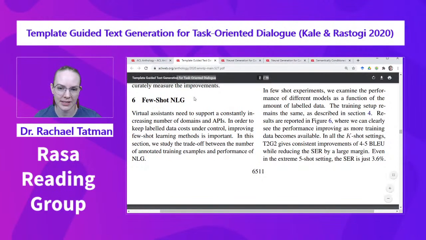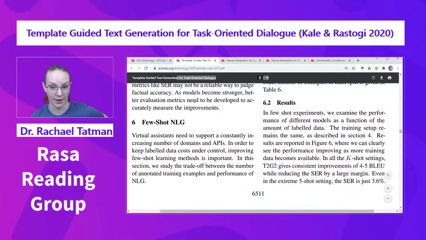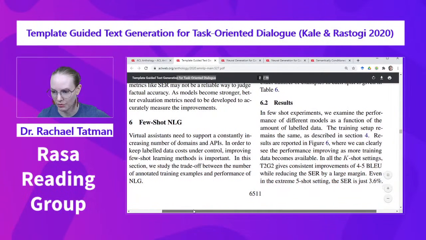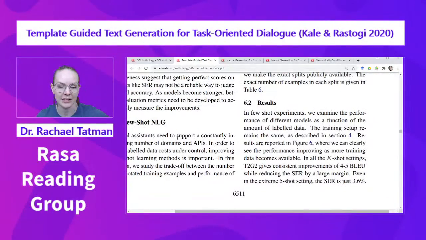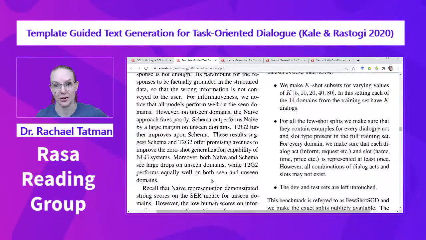Anyway, few-shot NLG. Virtual assistants need to support a constantly increasing number of domains and APIs. In order to keep labeled data costs under control, improving few-shot learning methods is important. Yeah, improving is important. In this section, we study the trade-off between number of annotated training examples and performance of NLG. So is there a method that lets us use less data labeling to get good results?